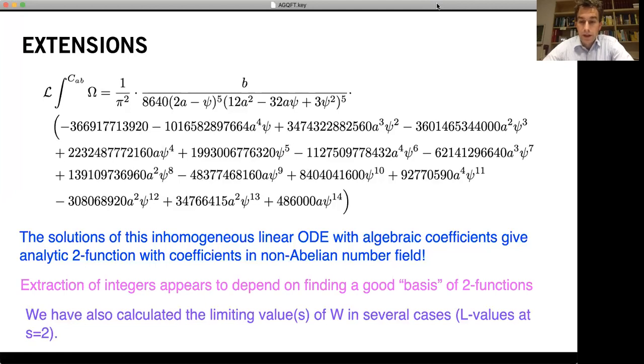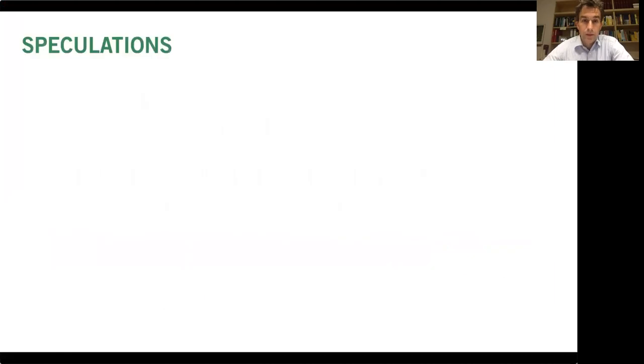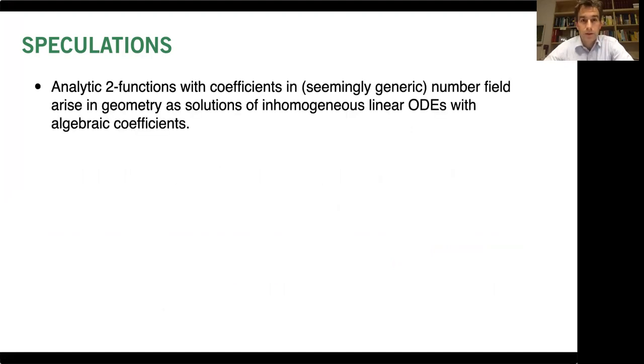You can also calculate the limiting values. You get some L-functions at s equals 2, and that might give you some clues. But I will not speculate today about this. I'm actually ending right on time, so that's very good.